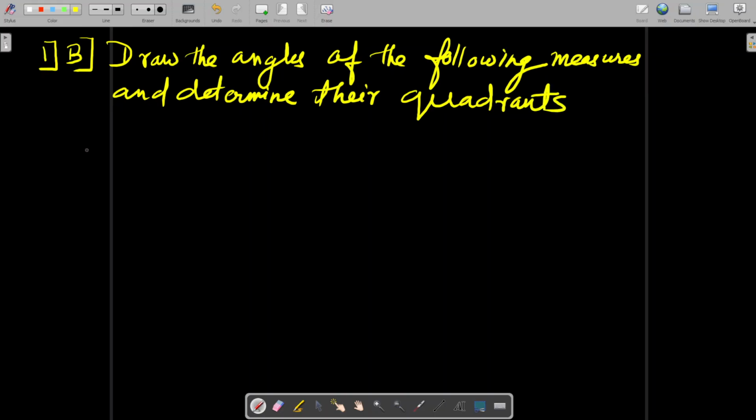So the first example is minus 140 degree. Here what we will do, we will draw lines.